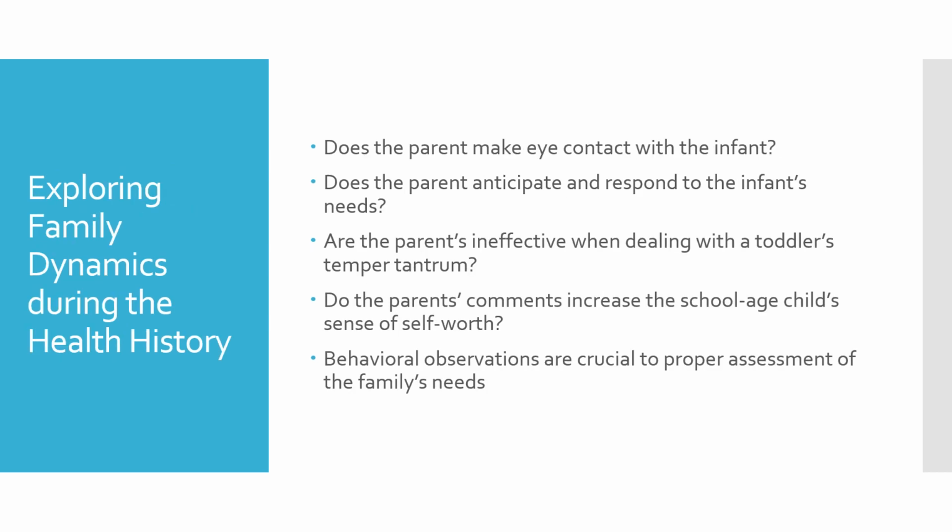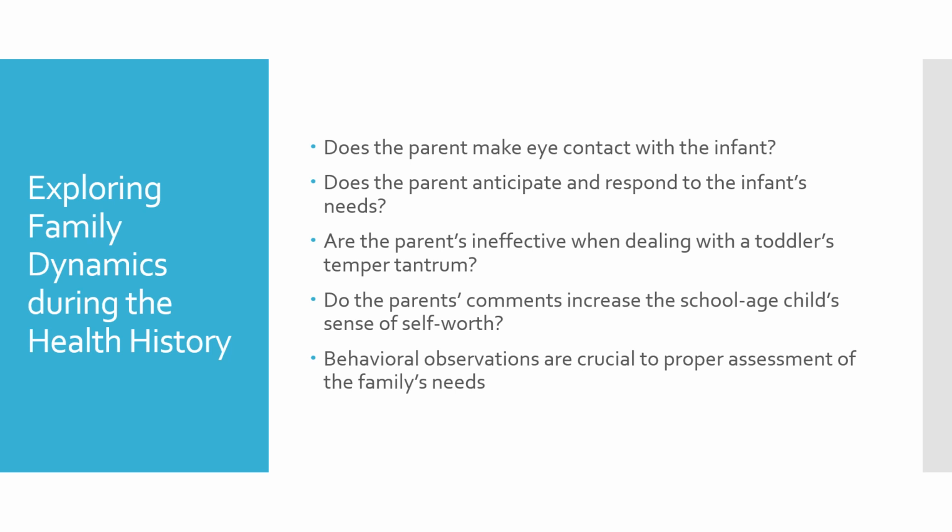So we hit on this a little bit in chapter 31, but just as a refresher, how do we explore the family dynamics during that health history? This can be done with lots of observation. Does that parent make good eye contact with the infant? When the infant cries, how does that parent respond? Does that parent anticipate and respond to those needs? Are the parents ineffective when dealing with a toddler's temper tantrum?